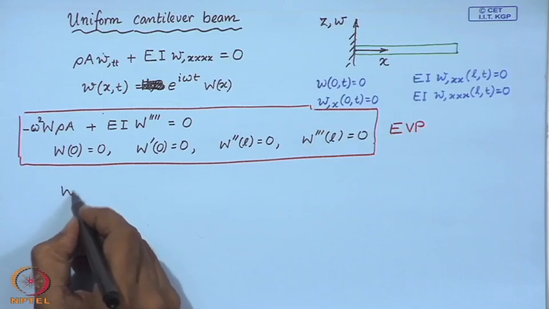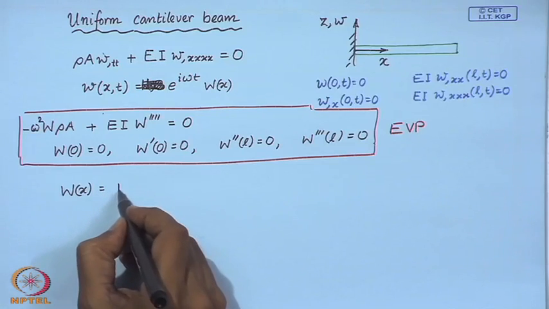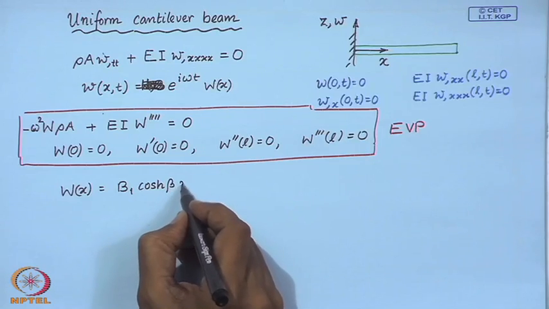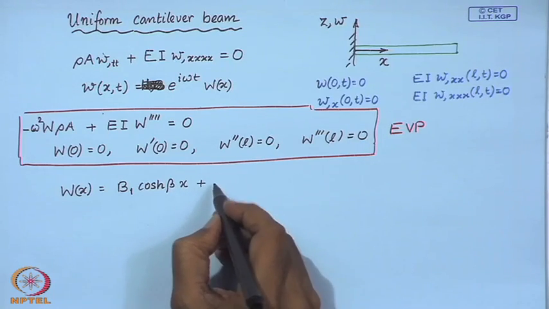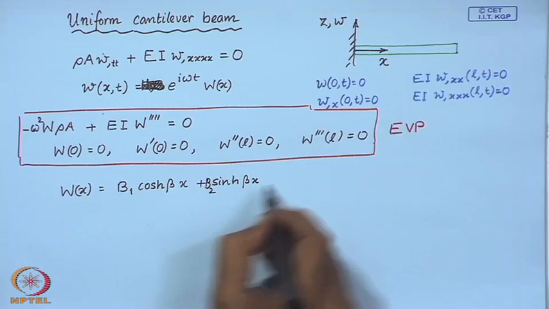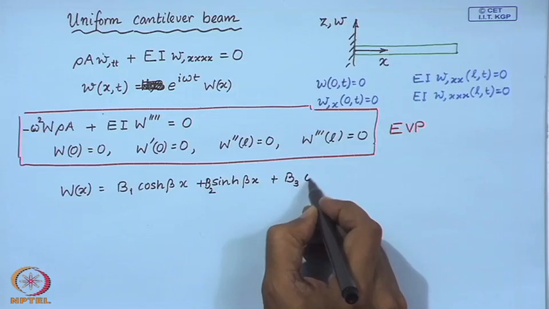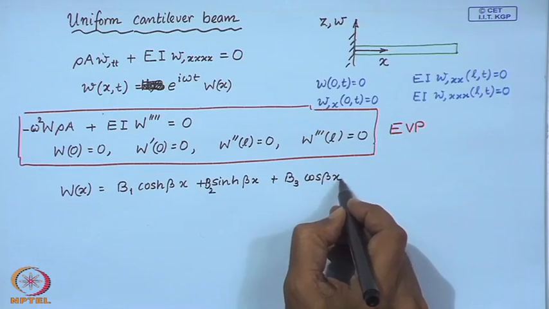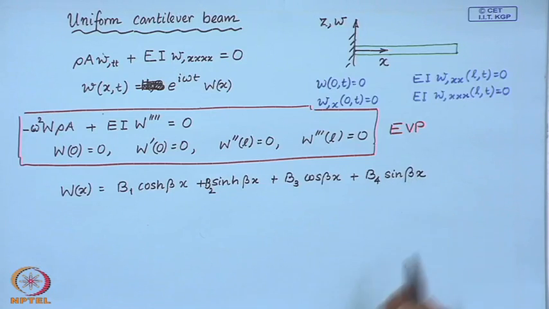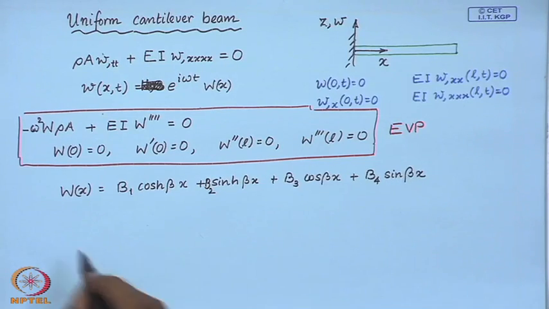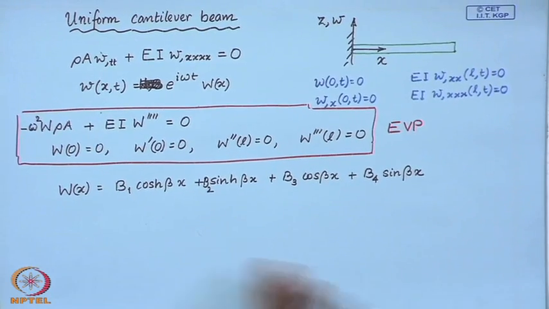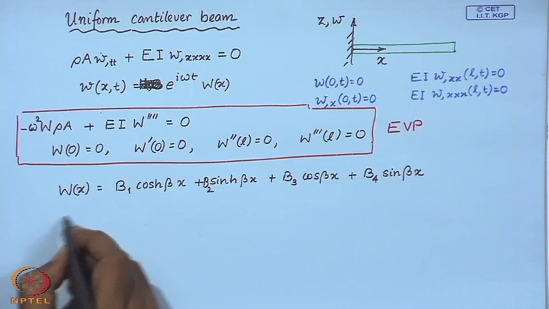So, the general solution is like this, and when we use these boundary conditions, we obtain the following 4 conditions.